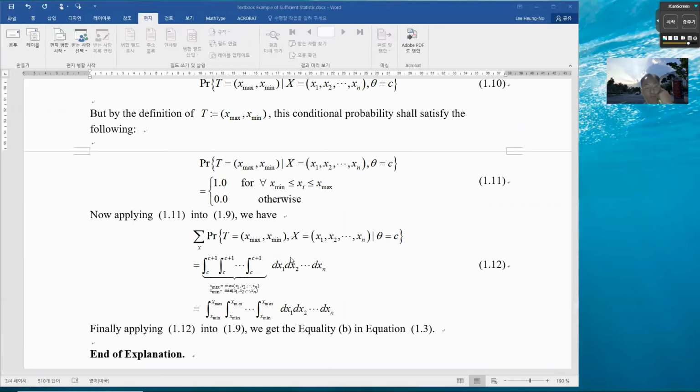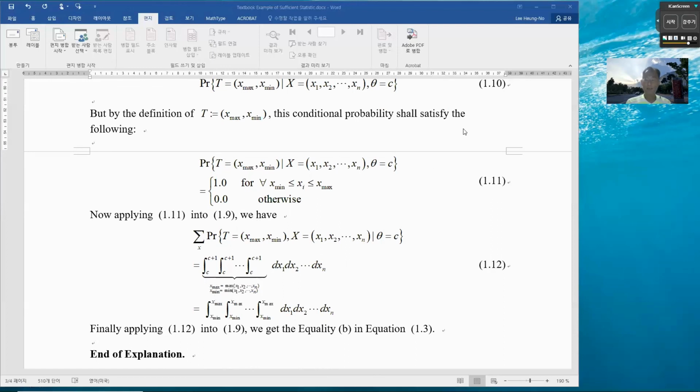Okay, so it is this expression that x max is the maximum of these numbers and x min is the minimum of these numbers, and then if these conditions are met, this is 1.0, otherwise it is 0. That means finally it came out to be this. Okay. All right. That is what I mean.